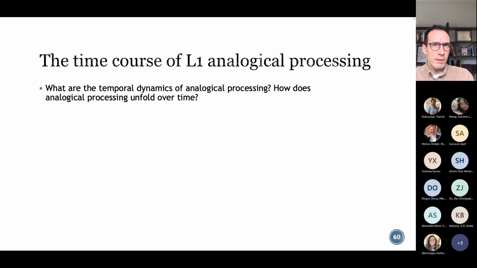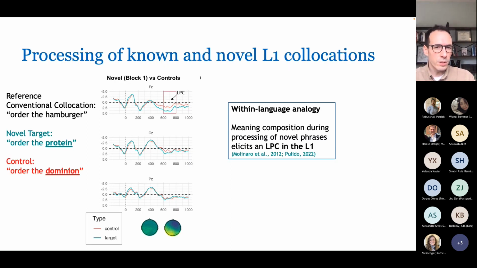So these measures will allow us to potentially disentangle the contributions of similarity within the same language or similarity to first language collocations during processing. But they should also look quite different in terms of the timing in processing these novel collocations.